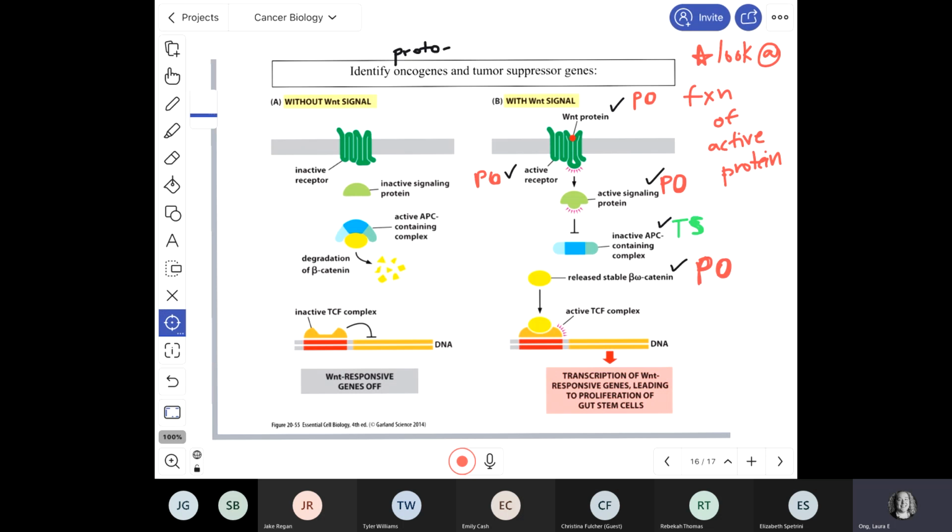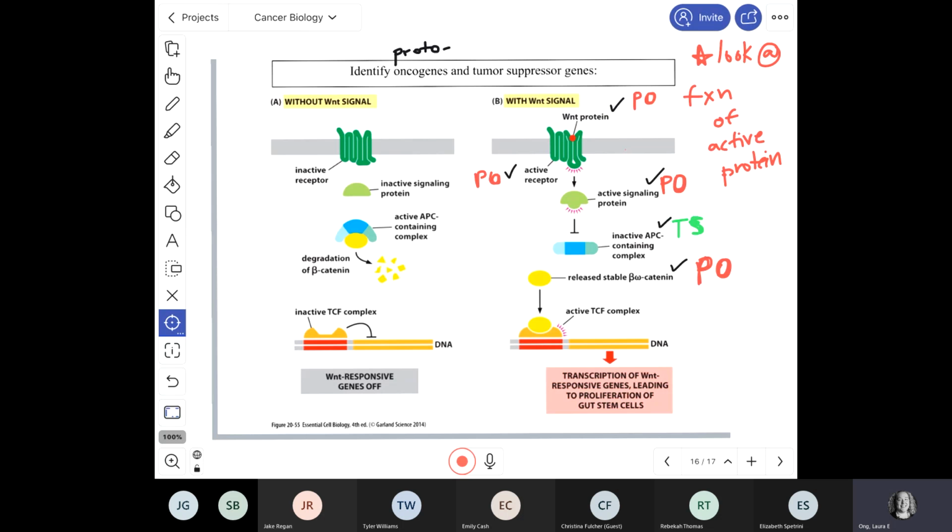These are just like 5 examples, and there are other proteins not shown here. But what this means is, if there was one gain of function mutation in Wnt, that would be enough to promote cancer or push a cell toward cancer.